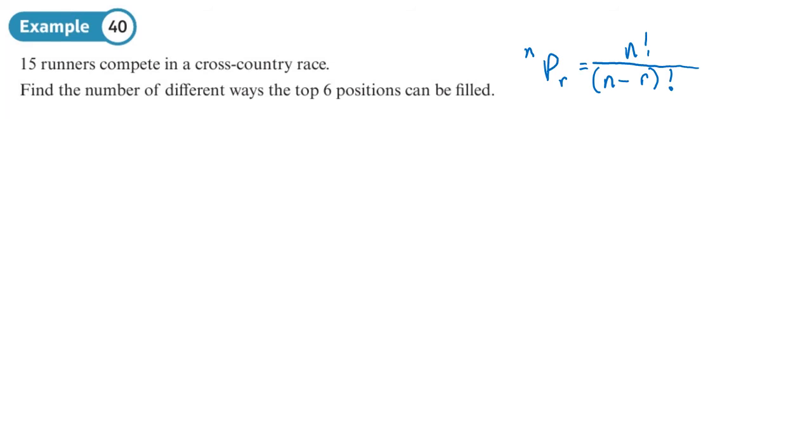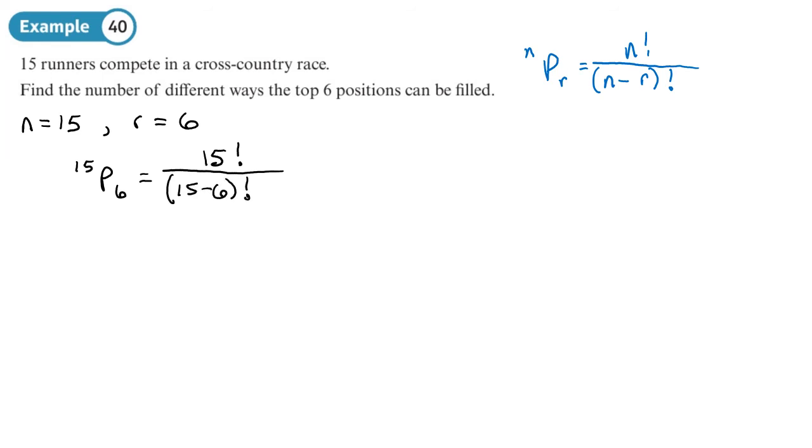So in this case, when we use the formula, n is going to be 15, because there's 15 runners to choose from, and we're choosing 6 of those. So we need to do 15P6. Now we can use our calculator to do that, or if we work it out manually, that will be 15 factorial over 15 minus 6 factorial, in other words 9 factorial.